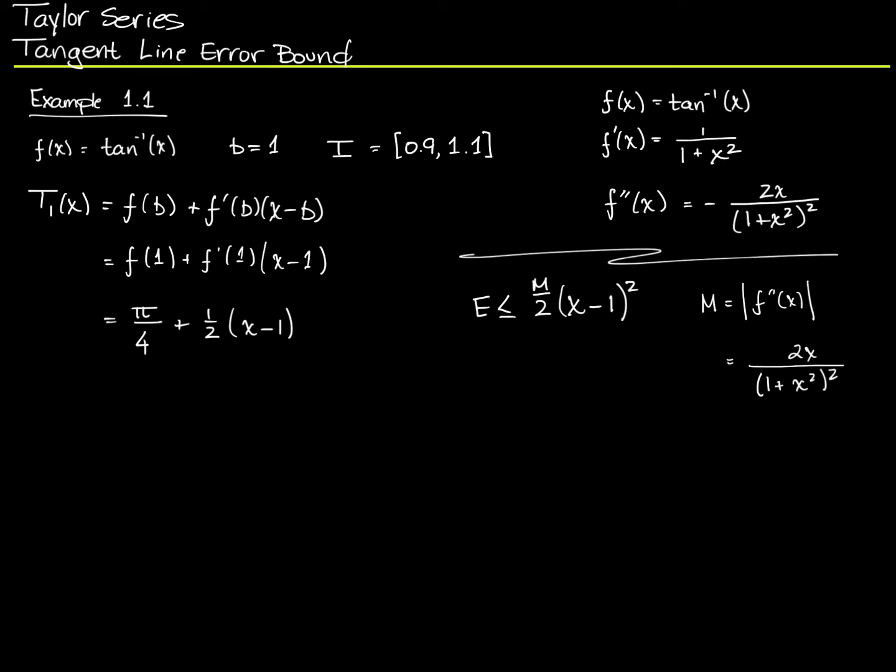Now, if you want to find out what the largest possible value of this function is, there are several ways you could go about doing it. One is that you could graph it and just look at the graph, and in the case of Desmos, you can click on what appears to be the largest value on the graph, and Desmos will tell you an approximate value for that y value.